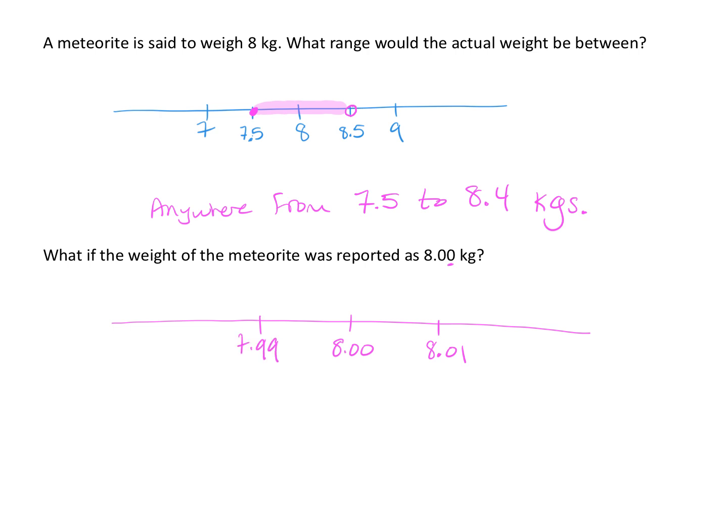Then I need to mark the halfway points in between: this one would be 8.005, and this one would be 7.995. The meteorite could have weighed anything from 7.995 to 8.005.